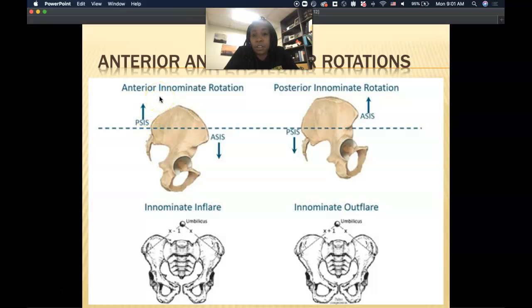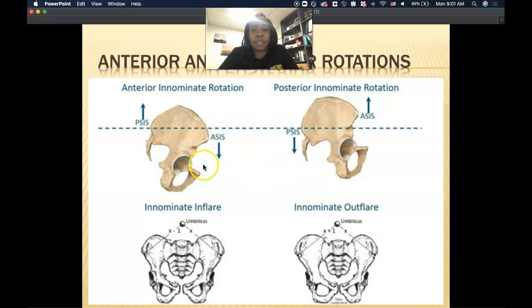Now let's take two scenarios that can occur as a result of one or the other. In a tight hip flexor, the ASIS is being pulled inferior, right? That's going to cause an anterior rotation. Does that make sense? If we have tight erector spinae muscles, they're going to drive the PSIS upwards, which leads to an inferior pull of the ASIS downward, right?